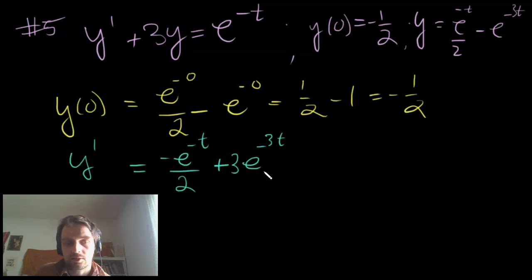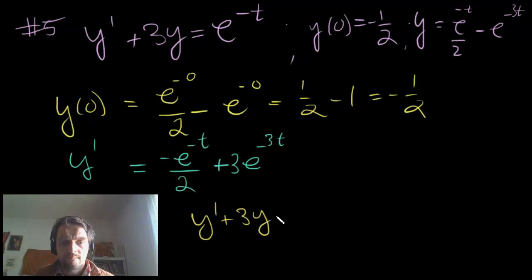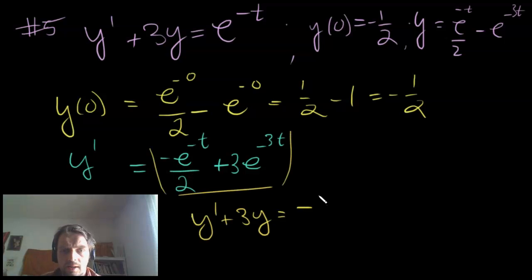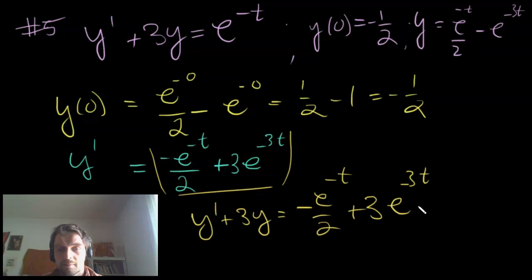Now let's plug this into the left-hand side up above. So in this case, when you have y prime plus, excuse me for a second, my screen's in the way, y prime plus 3y, this turns into, sticking in this right here, negative e to the negative t over 2 plus 3 e to the negative 3t, plus 3 times y.